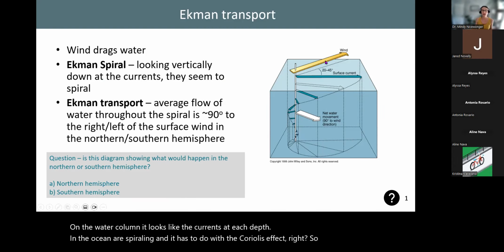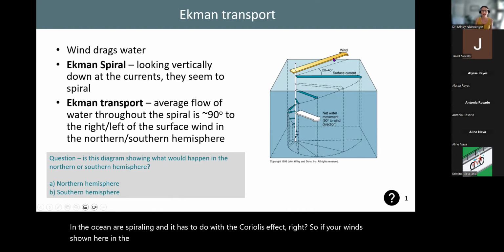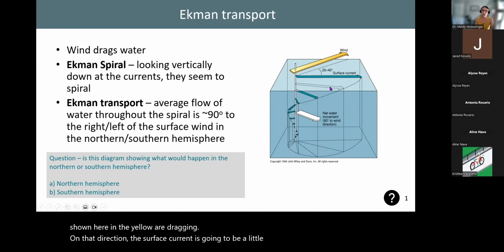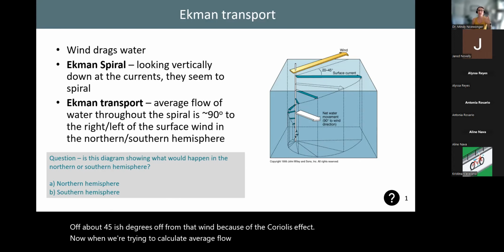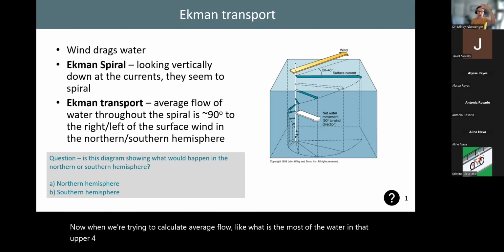So if your winds, shown here in the yellow, are dragging in that direction, the surface current is going to be about 45-ish degrees off from that wind because of the Coriolis effect. Now, when we're trying to calculate average flow, like what most of the water in that upper 400 meters is doing, we call that Ekman transport.